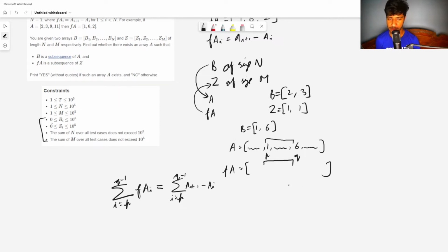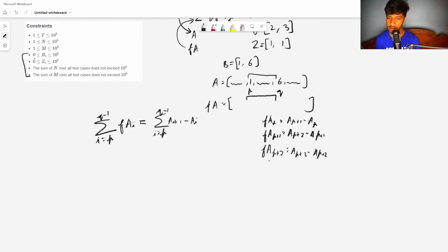Now think about it. If i is equal to P, then f of A P will be equal to A of P plus 1 minus A of P, right? Now f of A P plus 1 will be equal to A of P plus 2 minus A of P plus 1, right? F of A P plus 2 will be equal to A of P plus 3 minus A of P plus 2, something like that. And f of A Q minus 1 will be equal to what?